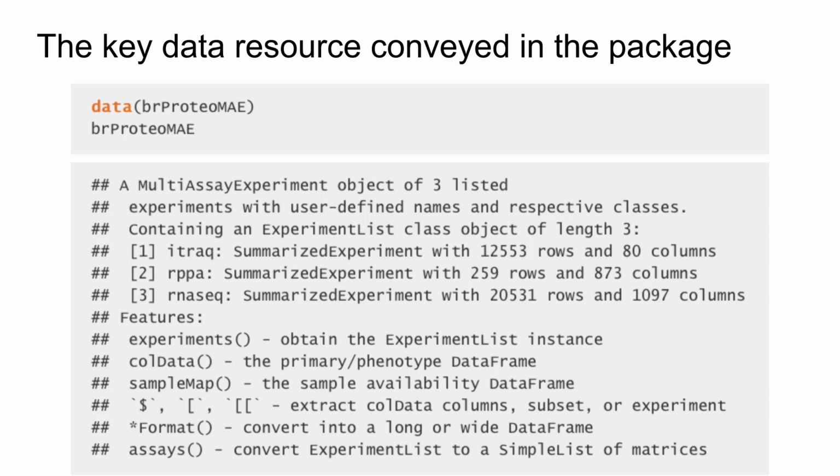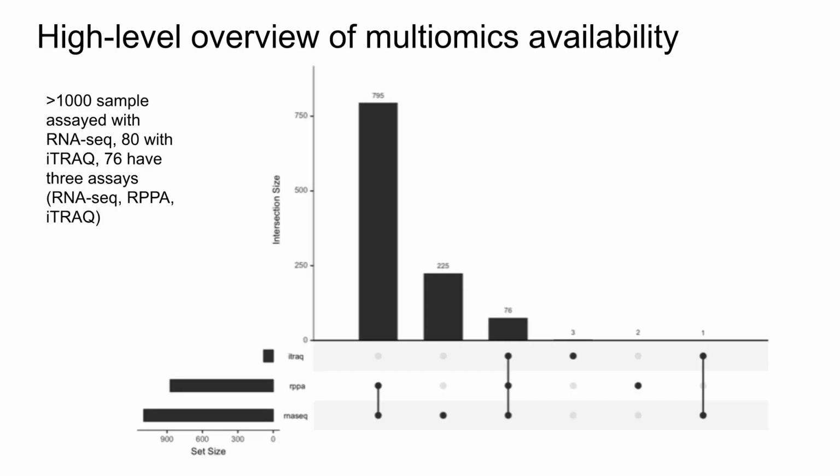And then there are other nice things that help you restructure the data if you need to do that. So if you're doing multi-omics, MultiAssayExperiment is not a bad place to go. And TCGA is intrinsically multi-omic, so we can generate MultiAssayExperiments for any of the tumors in TCGA with any of the assays that you're interested in putting together, and you'll have access to all of this infrastructure to manipulate the data.